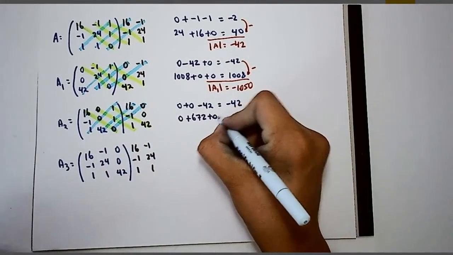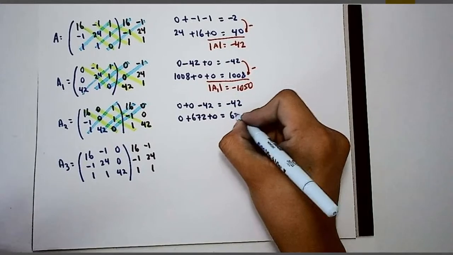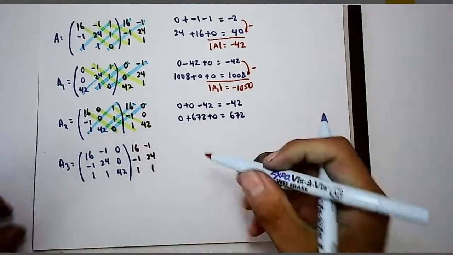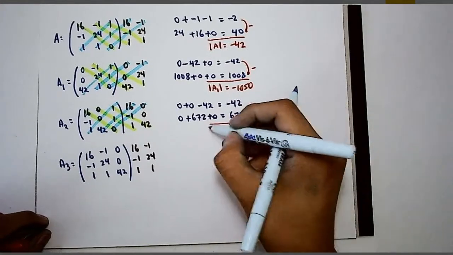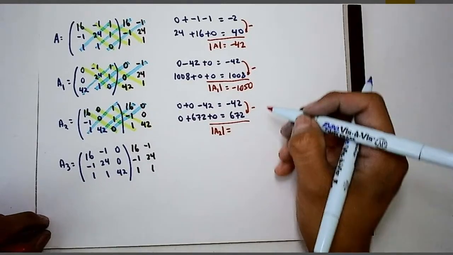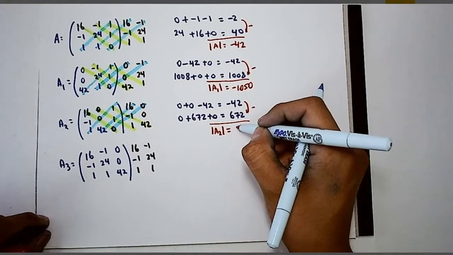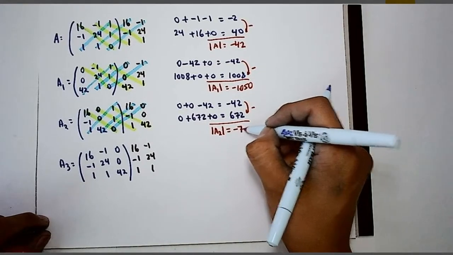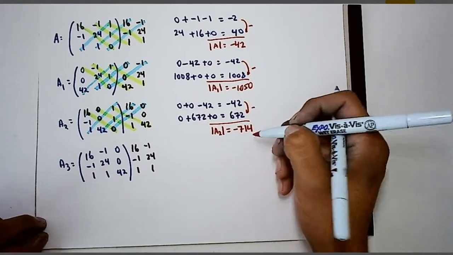And this is 0. This means that the determinant of A sub 2 is minus 714.